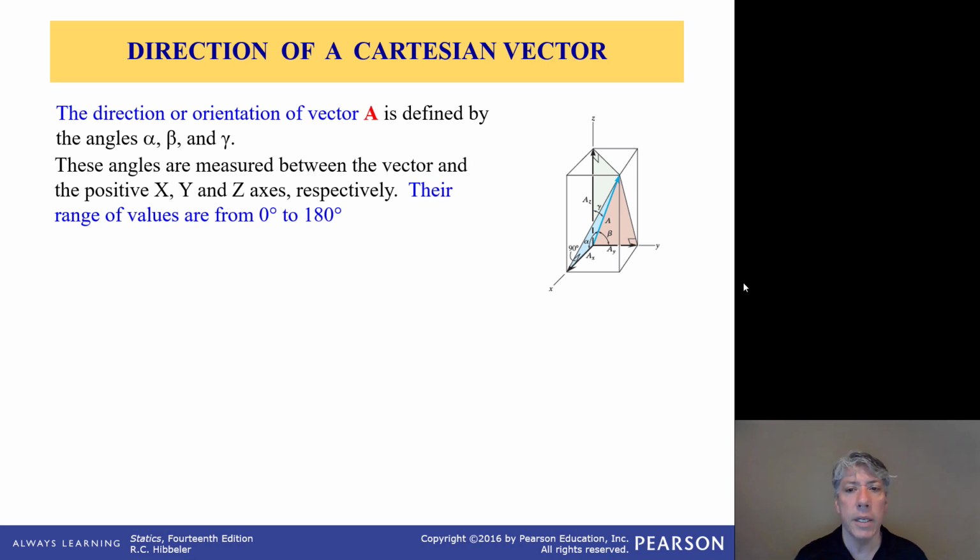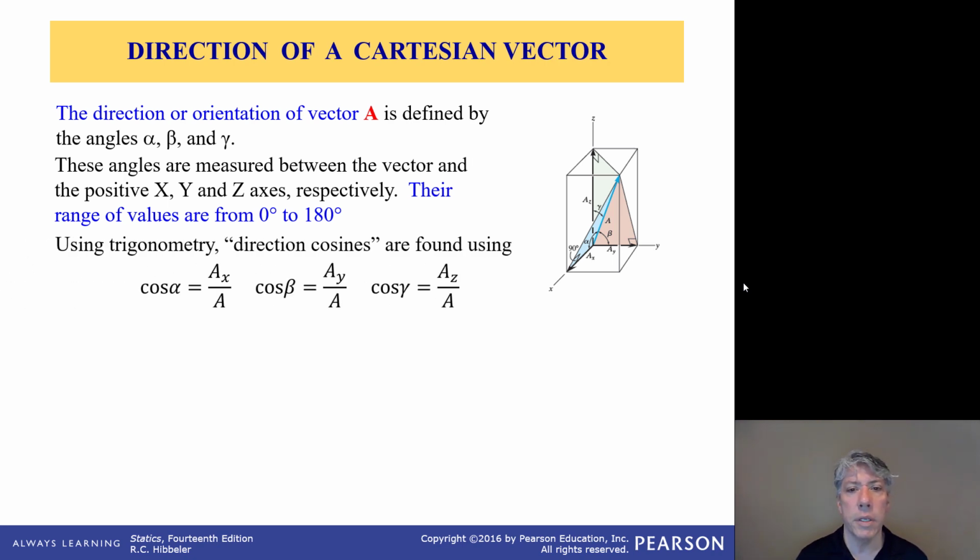The angle between the y-axis and the x-axis is also 90 degrees. But the angle between the vector and the x-axis can vary from 0 all the way to 180 degrees. And so the vector A could point in the opposite direction to the positive x-axis. It turns out the same argument holds for beta and gamma, varying between 0 and 180 degrees.